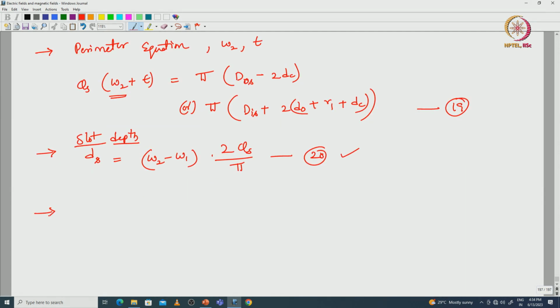Finally, after knowing W1, W2, T value and D0, DC, DS, R1, R2, we can find the slot area.